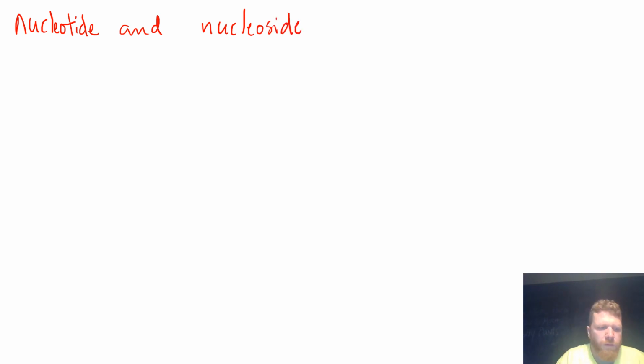All right, so the first thing that I want to go ahead and get started on is some definitions. One very important definition is the difference between a nucleotide and a nucleoside. This difference is pretty key to just sort of using the language whenever you're talking about these two different things.